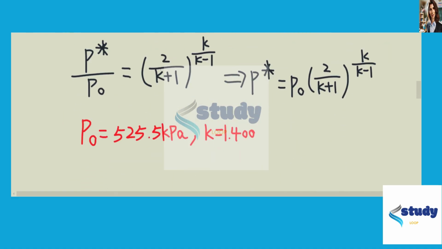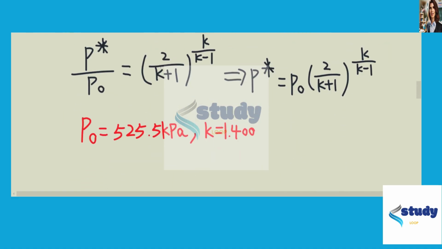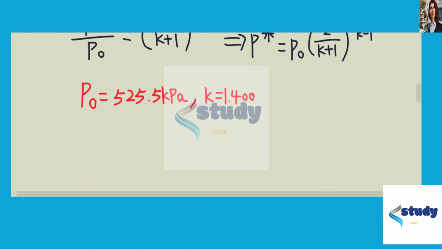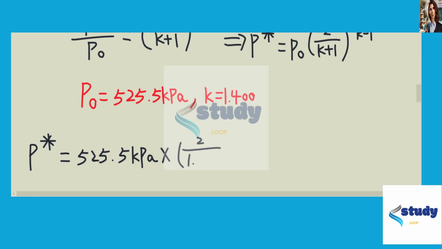So now let's determine the critical pressure, which is the pressure at this location. This is equal to 525.5 kilopascal times 2 over 1.4 plus 1, to the power of 1.4 over 1.4 minus 1.